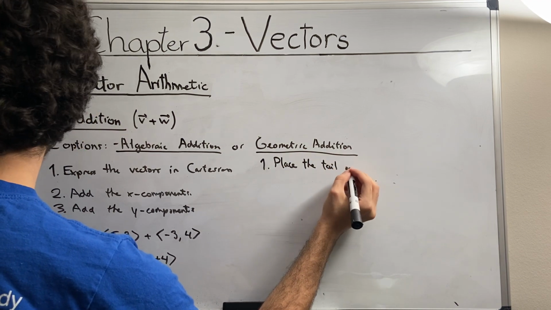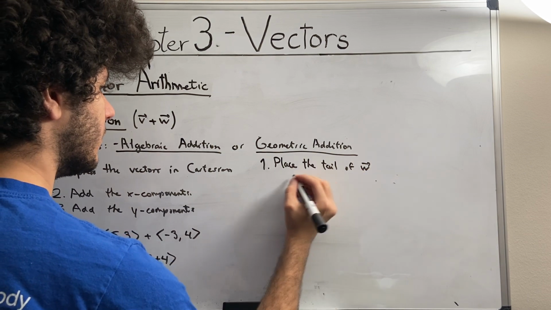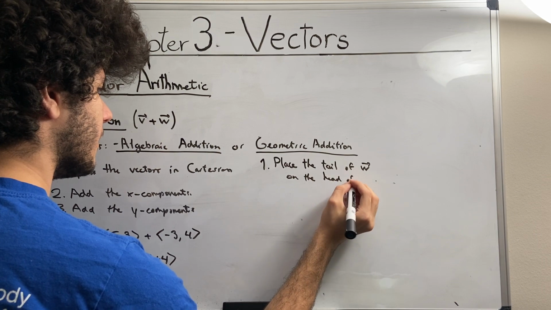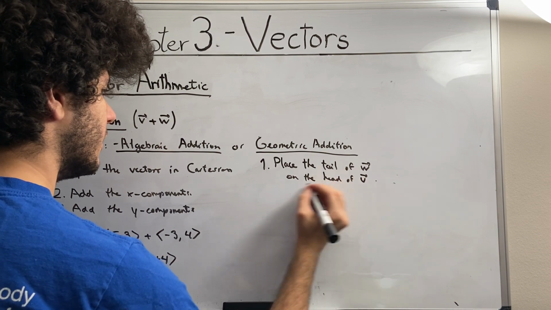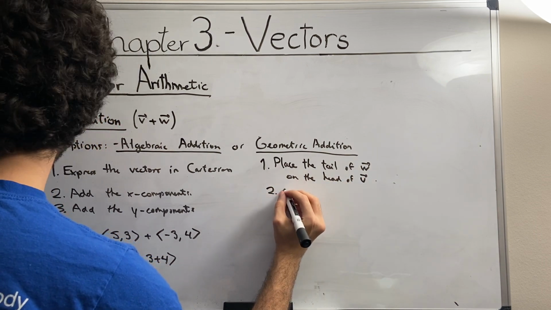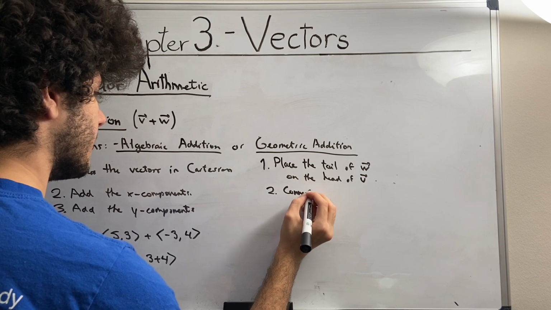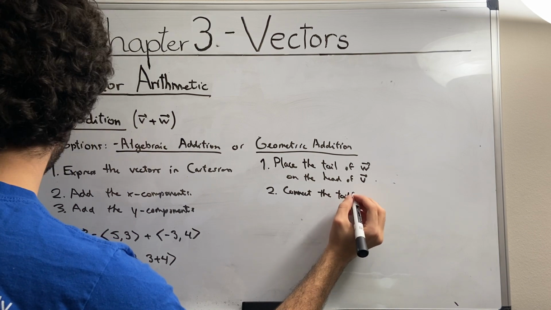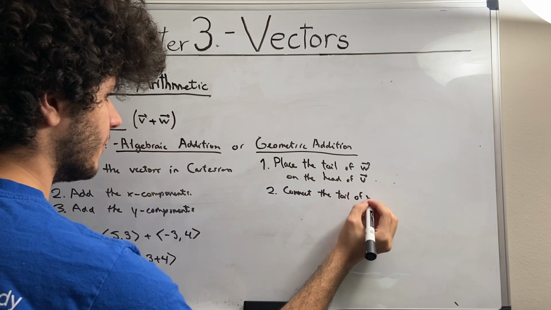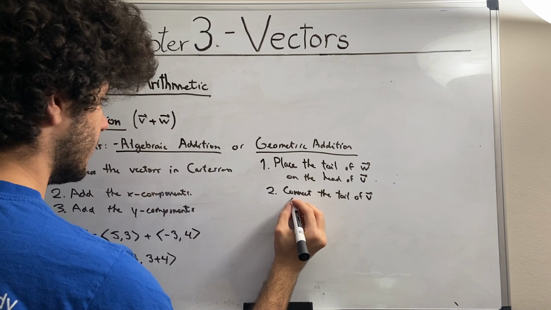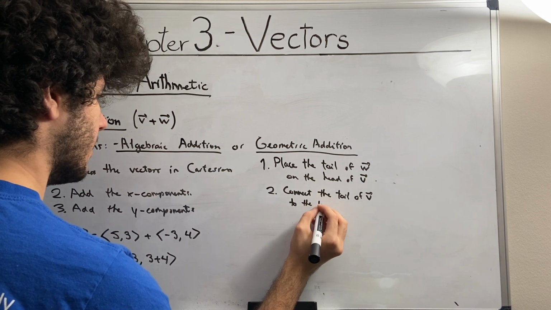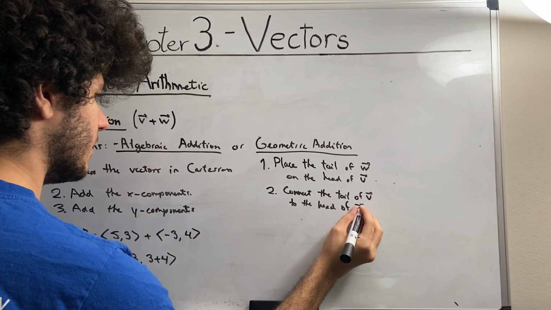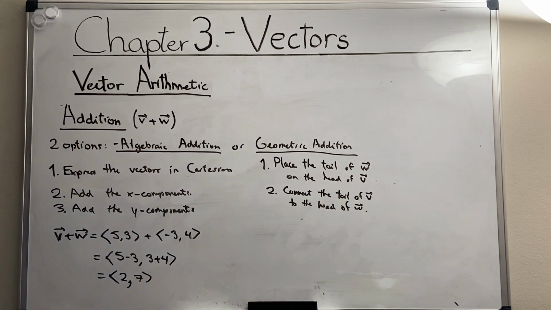Part 1: place the tail of W on the head of V, and part 2 is to connect the tail of V to the head of W, right?